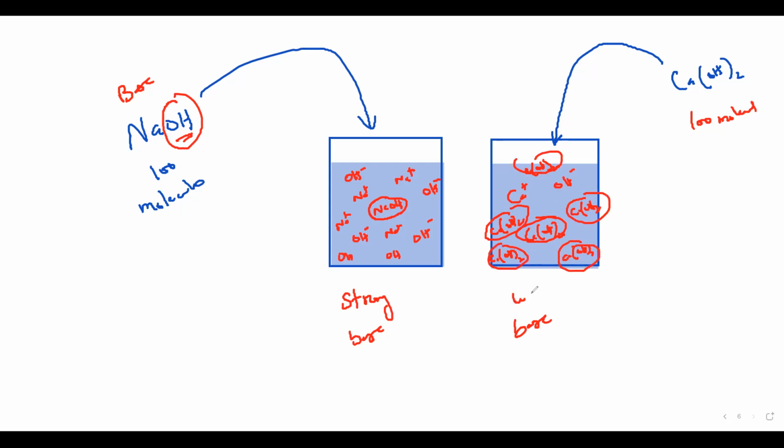So we call that a weak base. A weak base does not dissociate completely, whereas strong bases or strong acids ionize completely. Is the concept of strong and weak base clear?